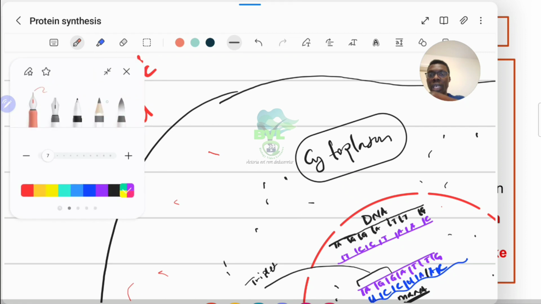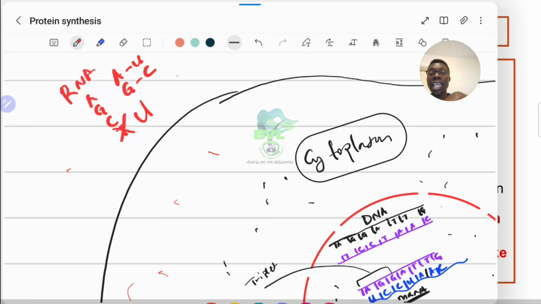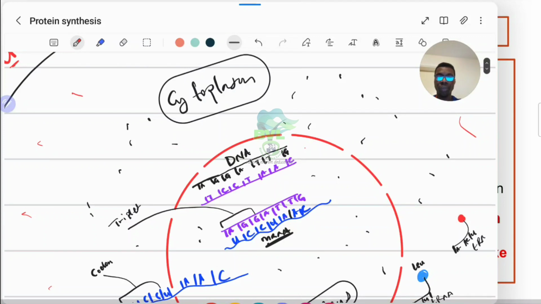If it is DNA, I beg your pardon, it's going to be A to T. But because this is RNA, it is A to U, because RNA does not have a T, rather it has a U, uracil. This is very important.